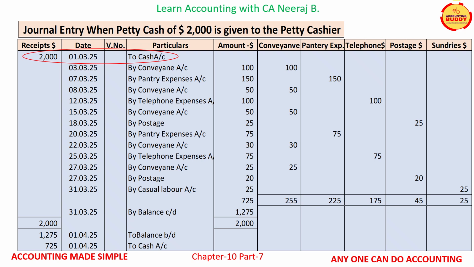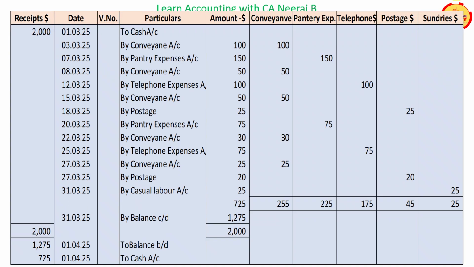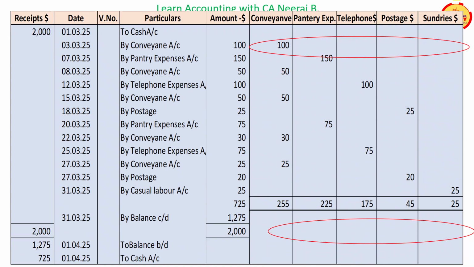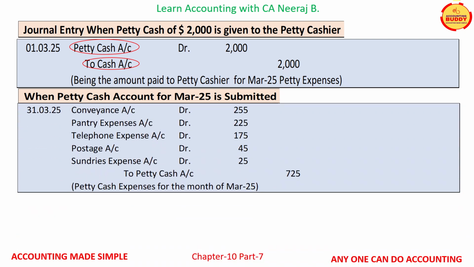Now the entry for $2,000 given to petty cashier will be passed as appearing on your screens. The two accounts affected by this transaction are petty cash account and cash account. Petty cash account will be debited and the cash account will be credited. Now when the petty cash account is submitted, the summary total of each expense head will be considered for passing the entry. The entry will be passed as appearing on your screen.